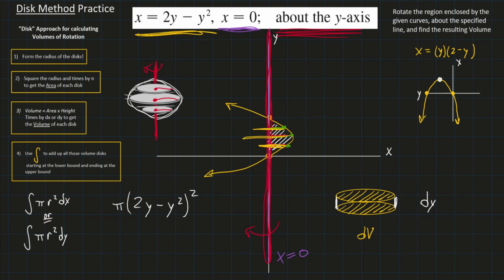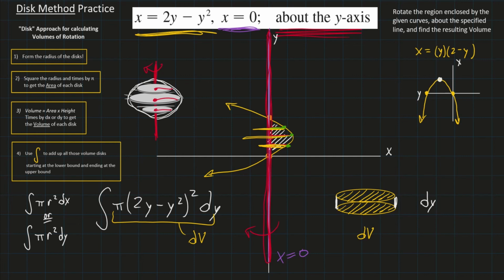So going back to my equation, it gives me the area of the disk at the moment. Got to multiply it by dy. So now this whole equation gives me the disk volume, the volume of the disk at that y, and of course I want to simply add up all these disk volumes.